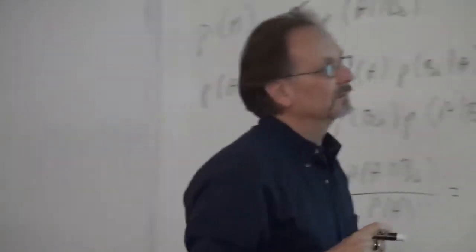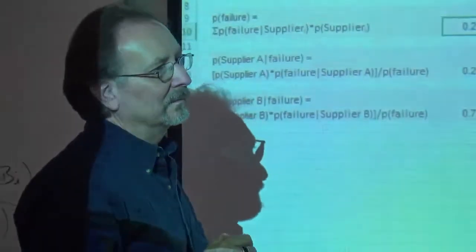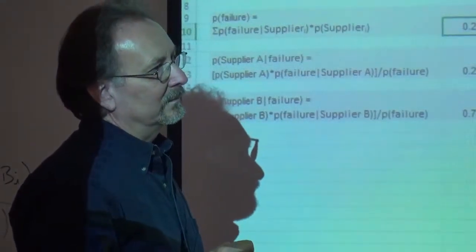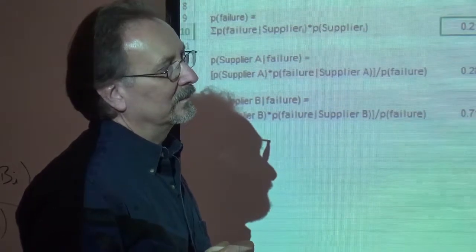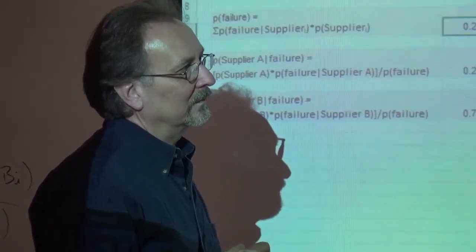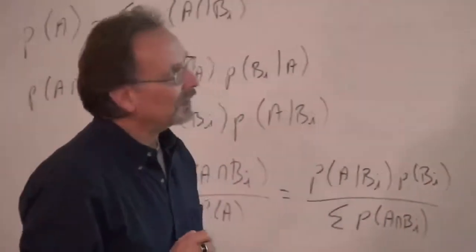Yes. This may be going beyond the scope of what you're trying to show us, but say we had 3 suppliers, how would we figure out if it was, say, supplier A or C? Like, what is the probability that the failure came from A or C? Is that something you're going to ask us?